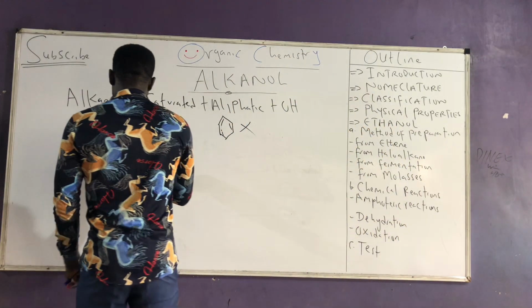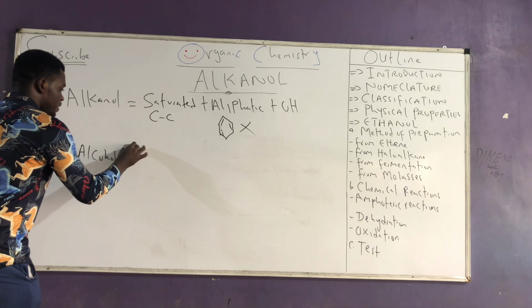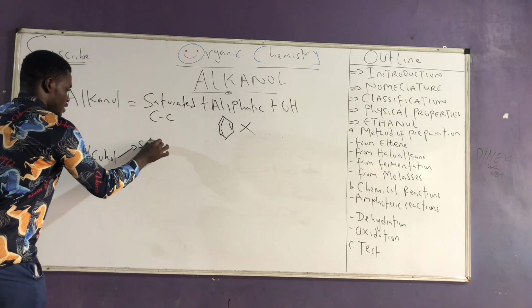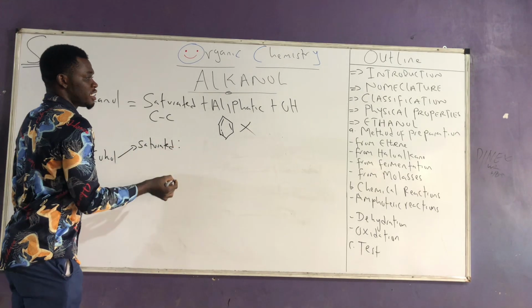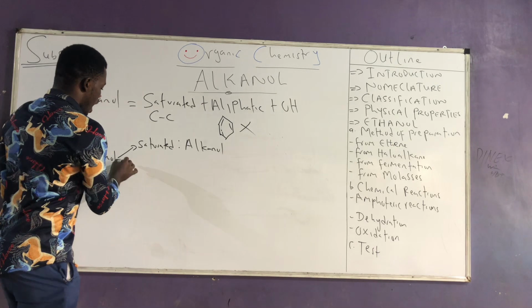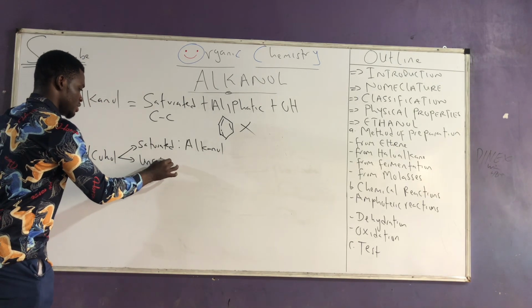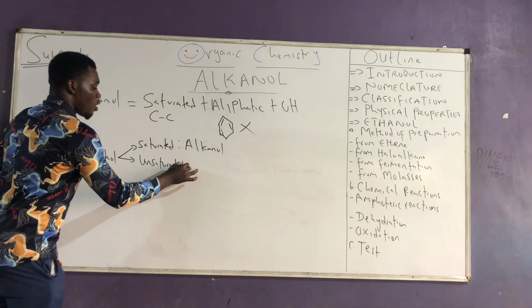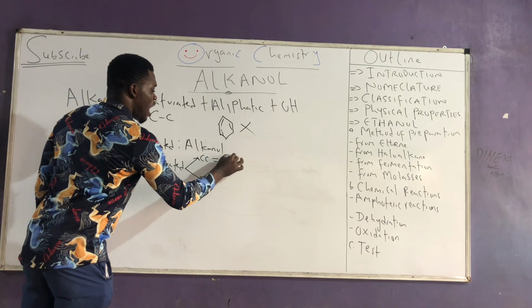So if the alcohol tends to be saturated, for example, saturated and aliphatic, that alcohol is generally known as an alkanol. If the alcohol tends to be unsaturated, if it has a double bond, it can be an alkenol.